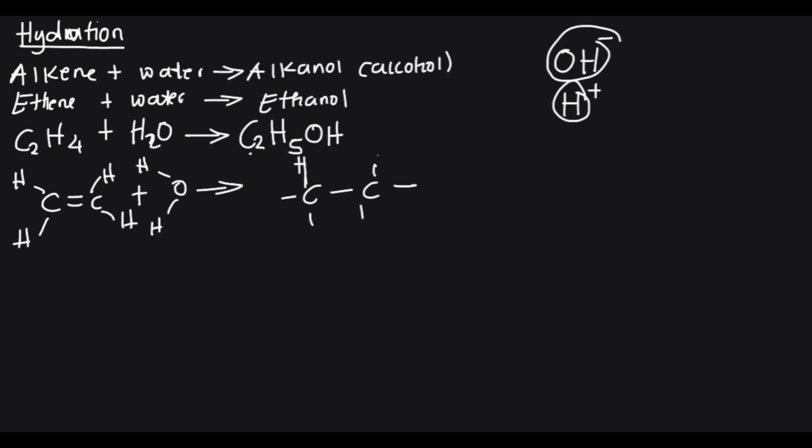So we put 1, 2, 3, 4, 5. So this is where our 5 hydrogens are. Then the remaining bond here, we attach the hydroxide. So this is what we call hydration or hydrolysis. It is just the addition of water to an alkene to form an alcohol.